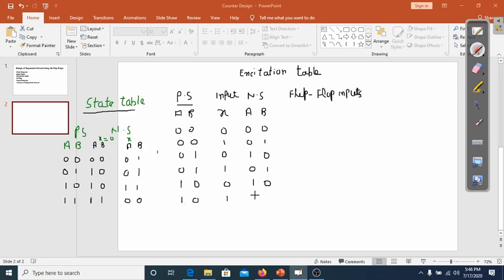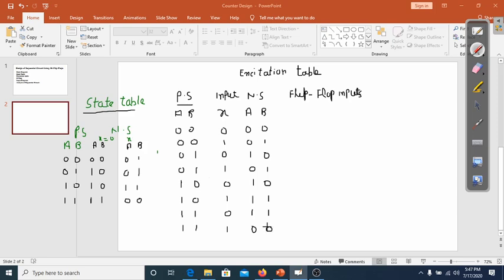When input is 1, the next state is 1 1. Now the present state is 1 1, there are two inputs, 0 and 1. When the input is 0, the next state 1 1 will remain the same. When input is 1, the next state will change to 0 0.